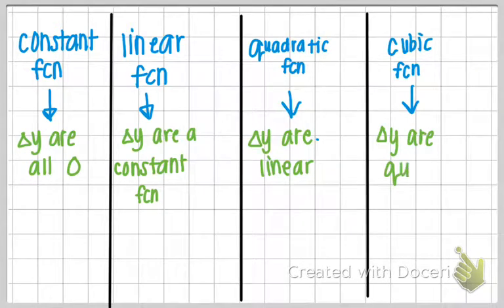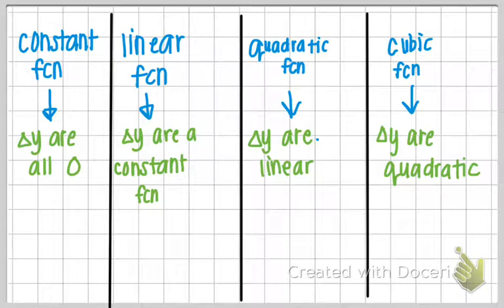So you can kind of draw this conclusion that every time you just drop the degree by 1 whenever you're finding the finite differences. So you can create functions for the finite differences based on the types of functions that you started with, as long as, in this case, they're all polynomials. So if I had a 4th degree polynomial, the delta y's are going to be a 3rd degree polynomial.